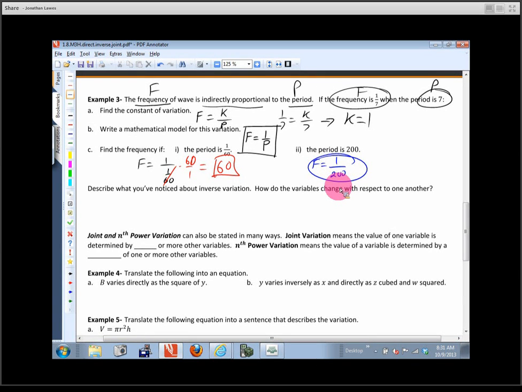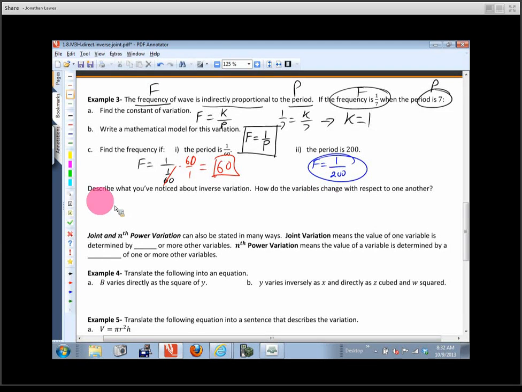So let me put these in order. If the period is 1/60th, the frequency is 60. If the period is 7, the frequency is 1/7. And if the period is 200, the frequency is 1/200.